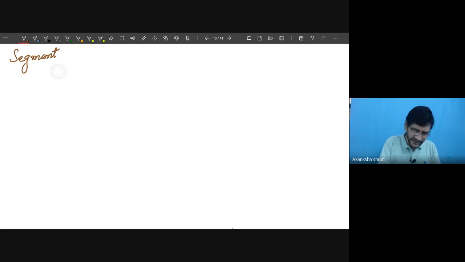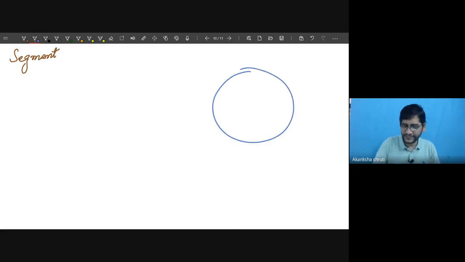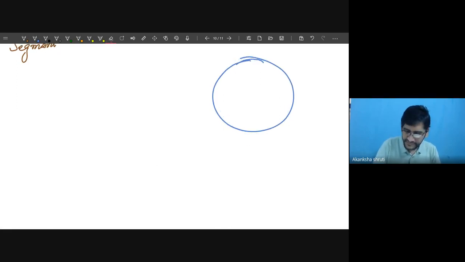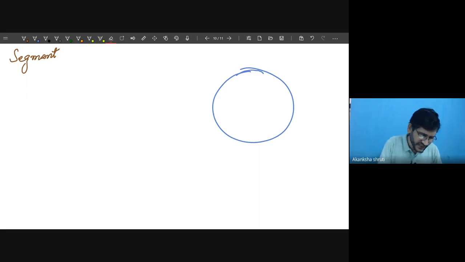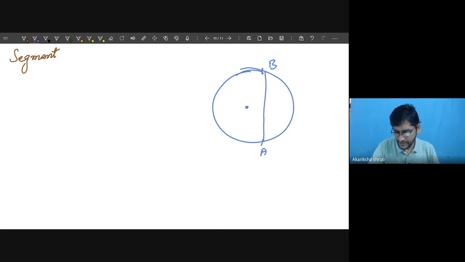Student, segment always means I have this circle. For this circle, take any point anywhere, the center is here, join it, and you can get the segment.